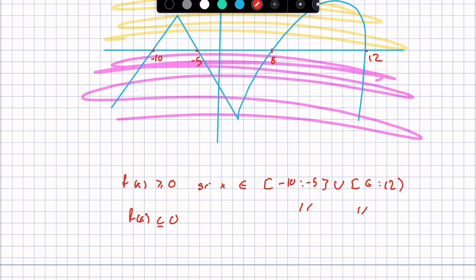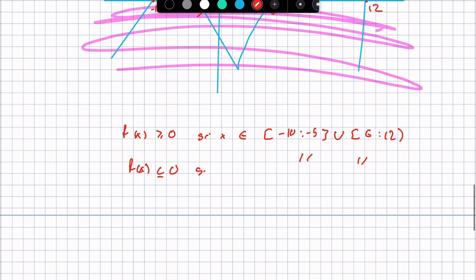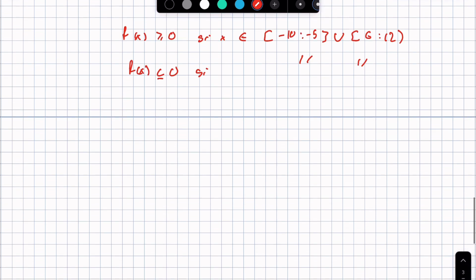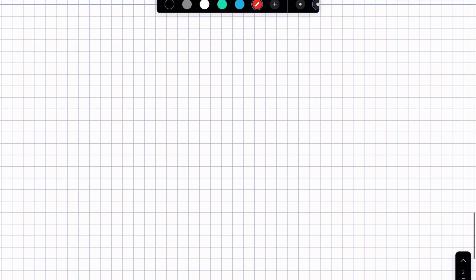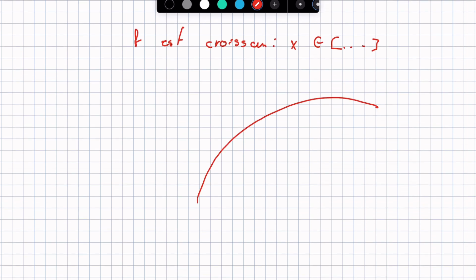Variation croissance-décroissance. I might just skip this one, but f est croissant quand x est élément 2. But we're going to talk about it later with the fonction de racine carrée. It's completely different. It's probably the opposite, but we'll learn about that later.